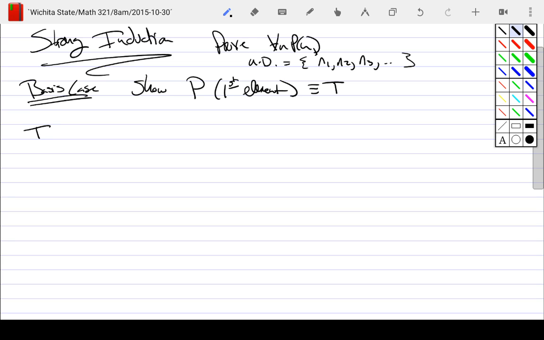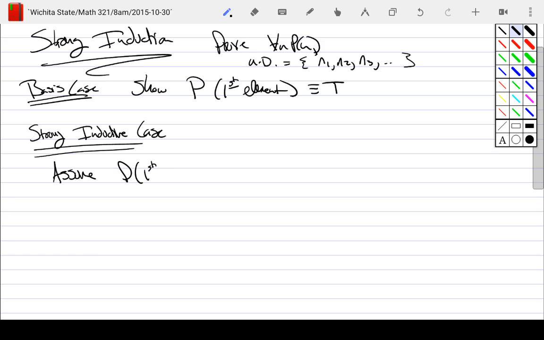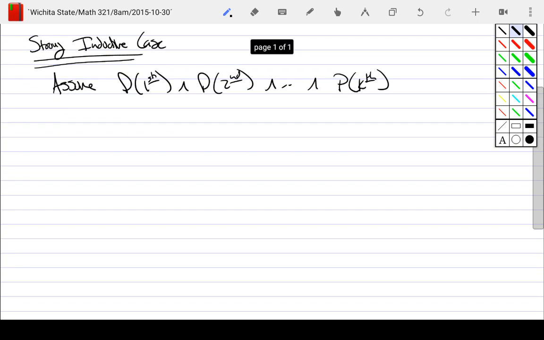All that changes for strong induction versus weak induction is that for the strong inductive case, we assume P of the first and P of the second element and everything up to P of the kth element, and then show P of the k plus first is true.